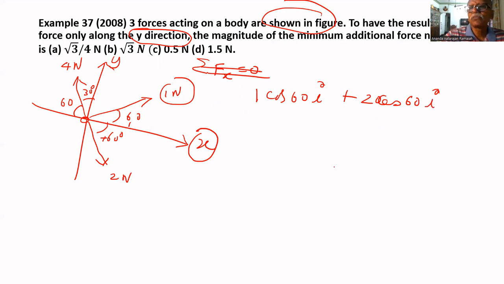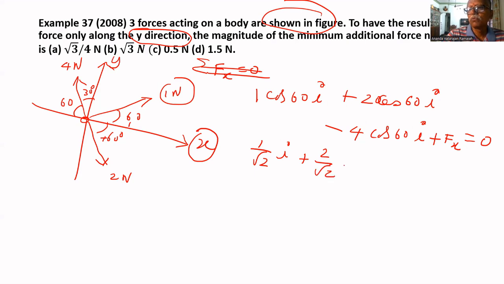This is opposite to that, that's why minus 4 cos 60 I, plus Fx has to be added so that this is equal to 0. So what will you get?